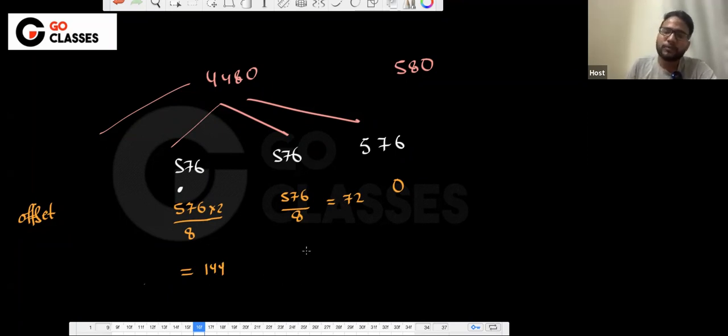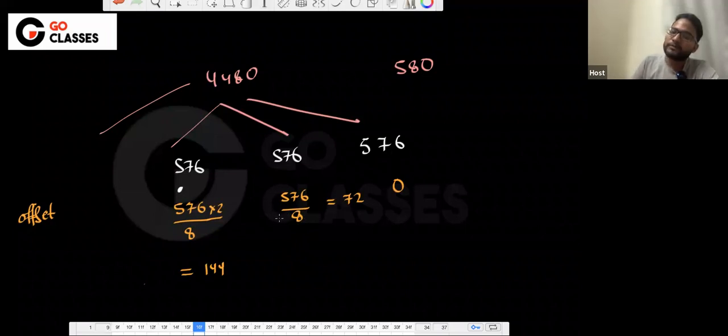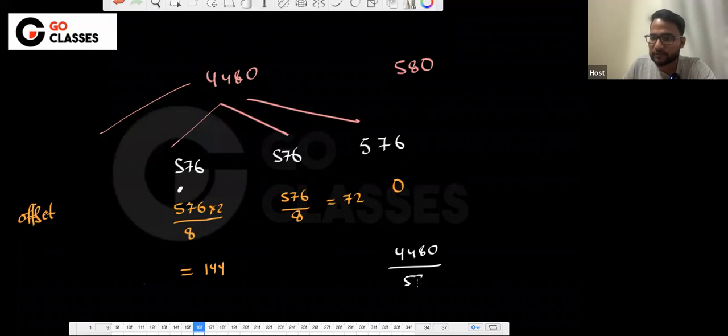That's all, right? Suppose they ask you for the fragment offset value for the last packet, then what will it be? Let's suppose they ask for the 10th packet or something. How many fragments will there be? Number of fragments, can anyone tell me? You need to divide this 4480 by 576 and take the ceiling, and let's suppose this is 8.